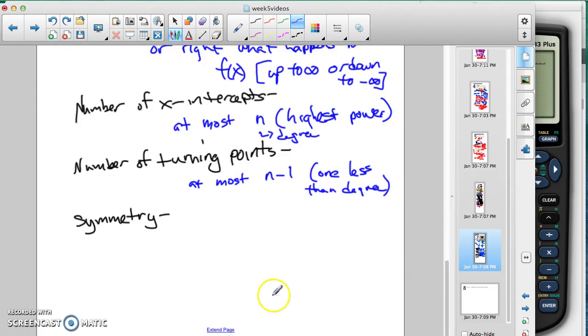Okay, so symmetry is if we have even or we have y-axis, that means it folds over the y-axis, then all exponents must be even.